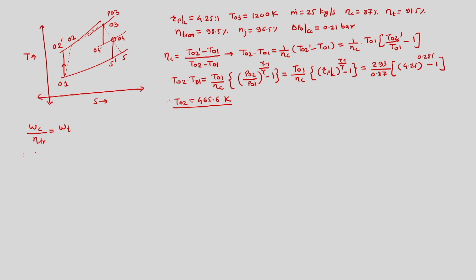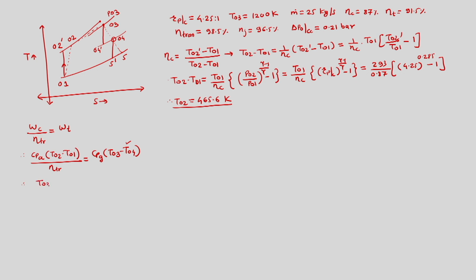So we have to be careful here, since in the compressor we have Cp air into T02 minus T01 divided by transmission efficiency is equal to Cp gas into T03 minus T04. We know everything over here except T04. So we can calculate T04.